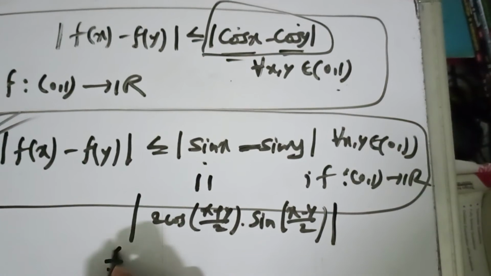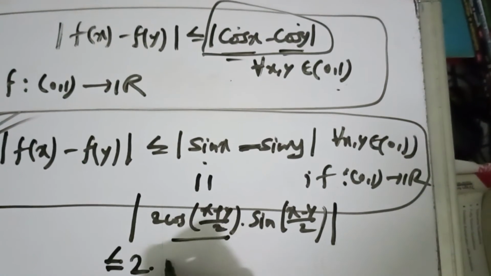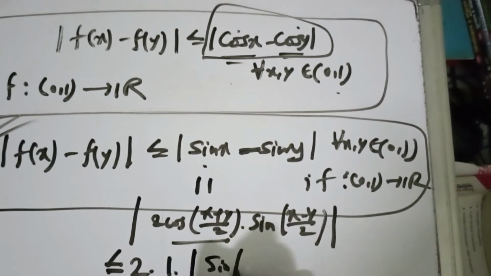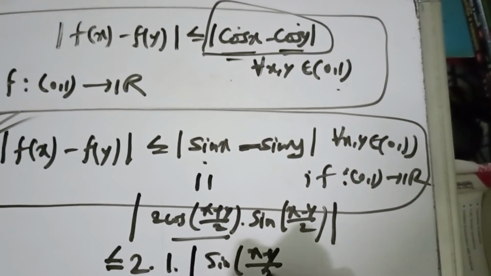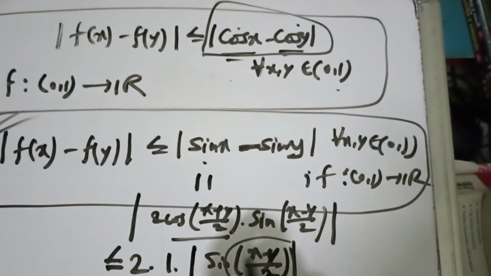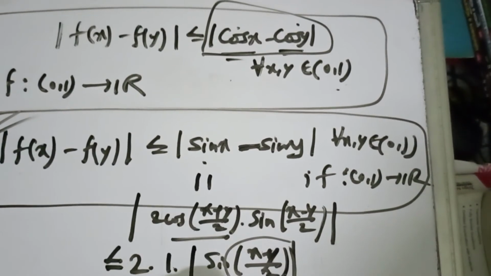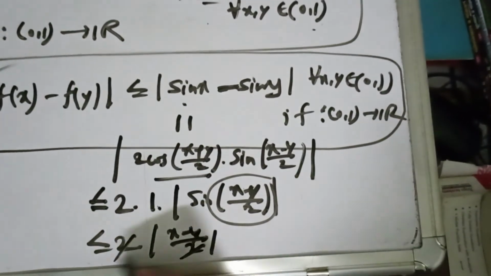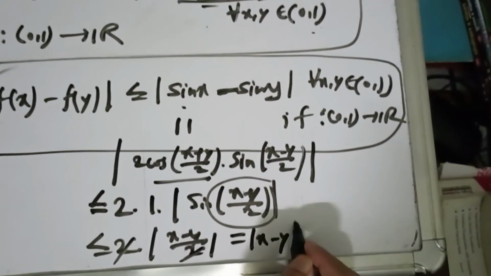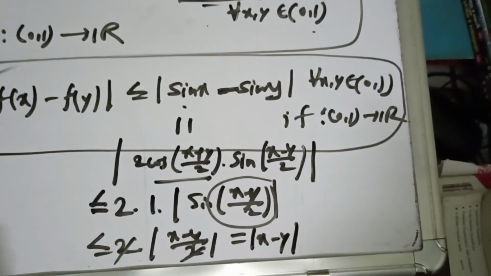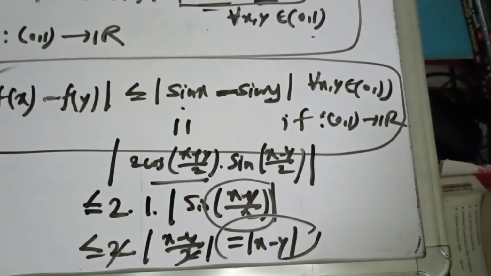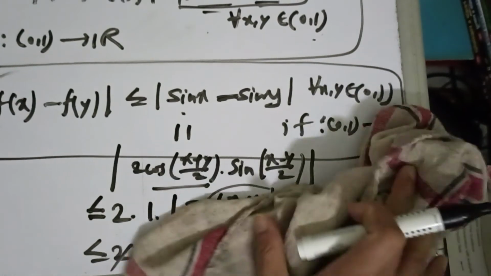This will be less than or equal to 2 times mod cos, and mod cos is at most 1, so this will be 2 times mod sin((x-y)/2). And mod sin is less than mod of the angle, so this can be written as 2 times mod (x-y)/2. So we get mod (x-y). Similarly, I get mod f(x) minus f(y) less than or equal to mod of x minus y, and from here we can easily conclude that f is uniformly continuous.